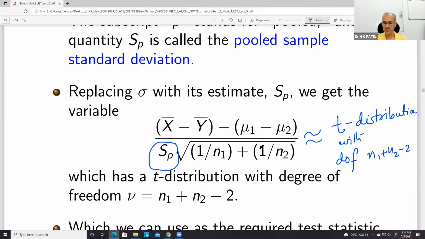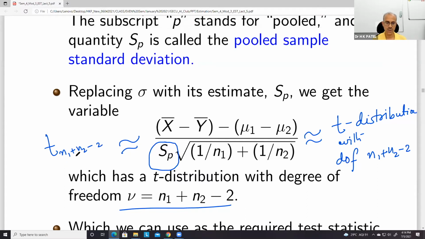So this is T with N1 plus N2 minus 2 degrees of freedom. We can use the T distribution here, and we also know that this T distribution is symmetric about its mean.